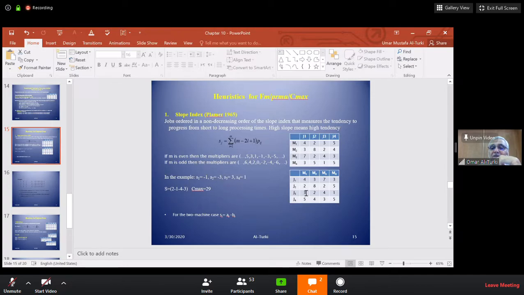For job 4, this is multiplied by 3, 9, multiplied by 1, 11, multiplied by minus 1, 9 plus 2 is 11, minus 7, multiplied by minus 3, 4. Right? Yes, so this is 4. S3 is 4.